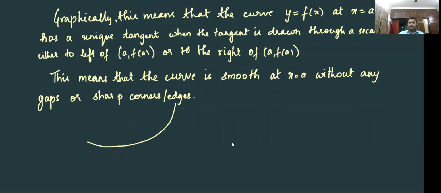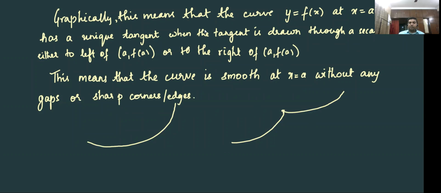But let us say this is a curve and then the curve twists like this. Now when you look at this point, this is like a sharp corner.